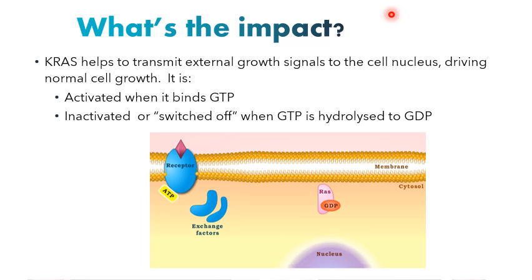So the KRAS is a guanine nucleotide binding protein that acts as a self-inactivating signaling molecule. As we said, the normal KRAS can be activated by signals from cell surface receptors that promote the exchange of bound GDP to GTP.